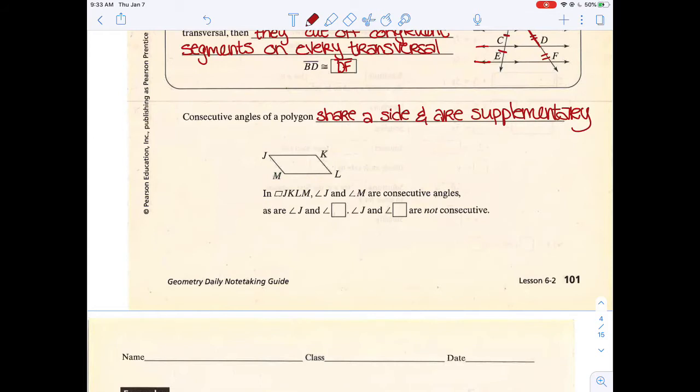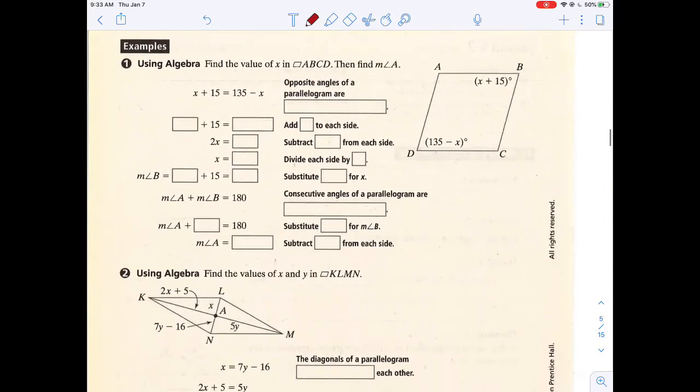So just so we understand what consecutive angles means, in JKLM, J and M are consecutive angles. J and K are consecutive angles, but L and J don't share a side, so they are not consecutive angles. Okay. And supplementary means that they add up to 180. So if I knew the measures of J and M, they should add up to 180.